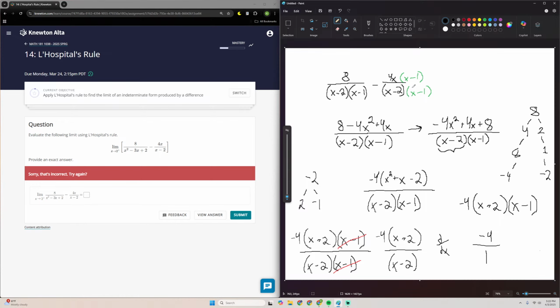And because of that, I gotta redo everything. Negative 4x. This one is supposed to be, shoot, negative 2. This is supposed to be a negative.